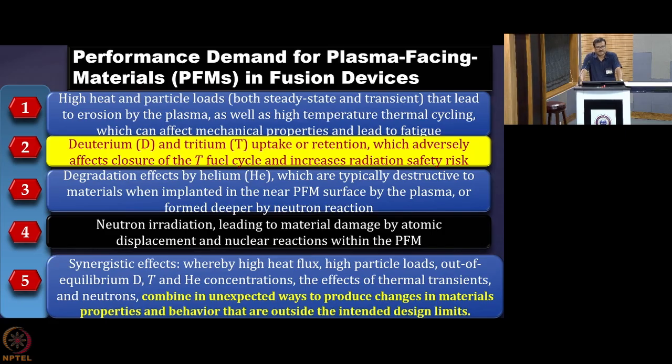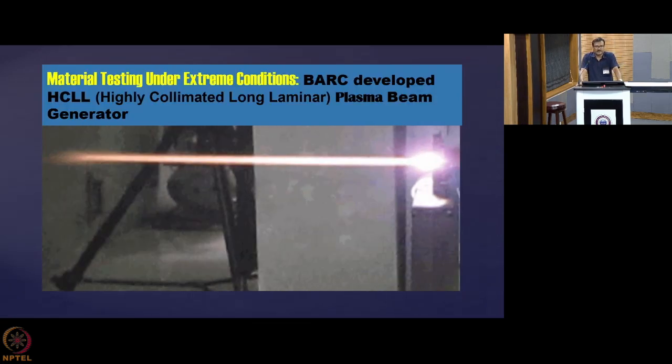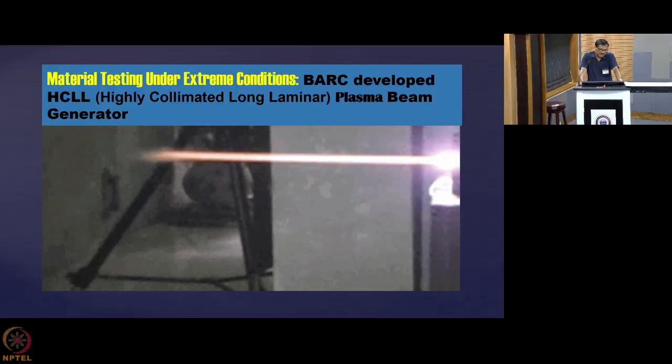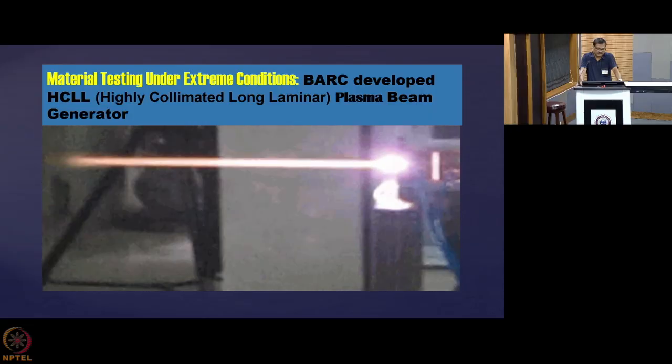intended design limits. So, all these things can happen with the plasma facing material, and we need to develop material which can withstand such situations in the best possible manner. For that, we first need to generate the kind of scenario that will happen in a fusion reactor.